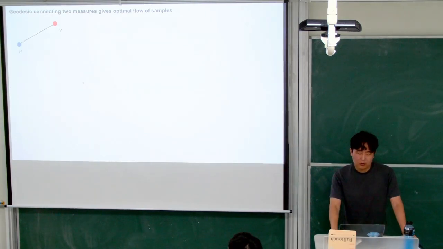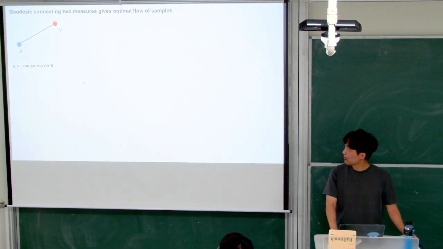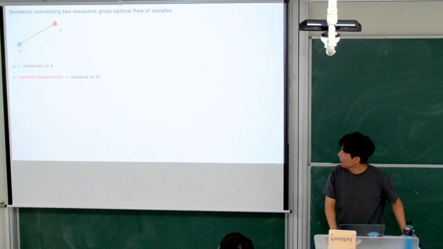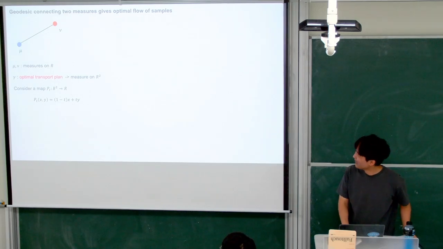So now, having known this, we can define a geodesic between mu and nu. So mu and nu are measures on the real line, and gamma is the optimal transport plan. We can consider a map from R^2 to R, which gives us some interpolation.